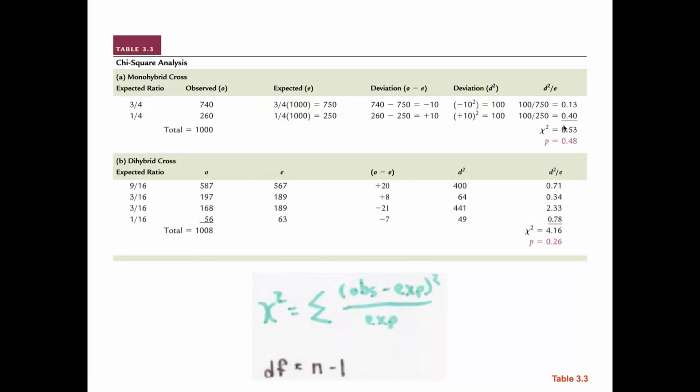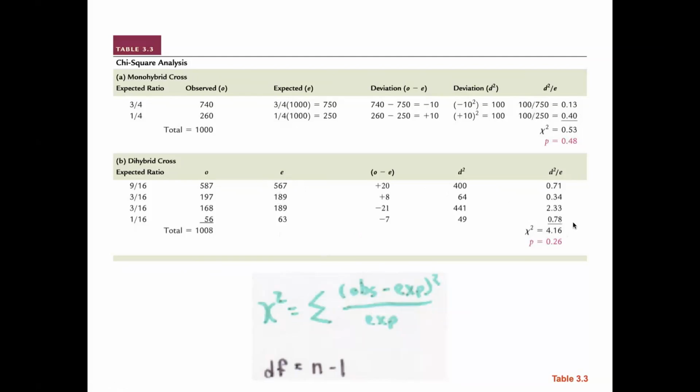Okay? So you do the same thing down here for the second experiment, the dihybrid experiment. So here we have 4 phenotypic classes. For each of those 4 phenotypic classes, you take the difference between observed and expected, you square it, and then you divide by the expected number for that particular phenotypic class. And so you get 4 numbers, and then you add them all together to get a final chi-square value. In this case, it's 4.16.